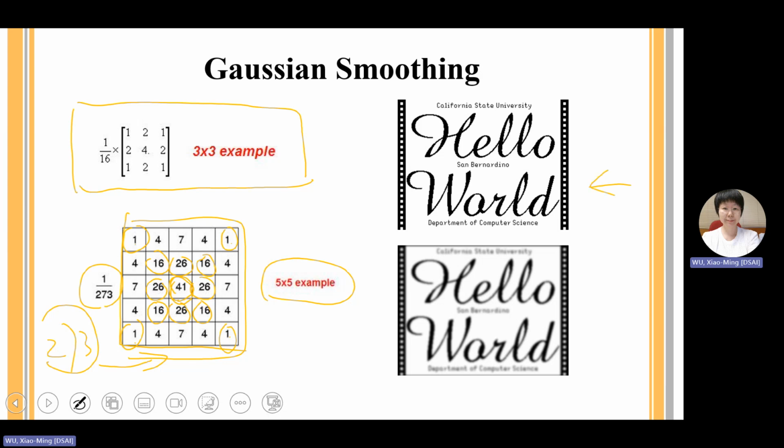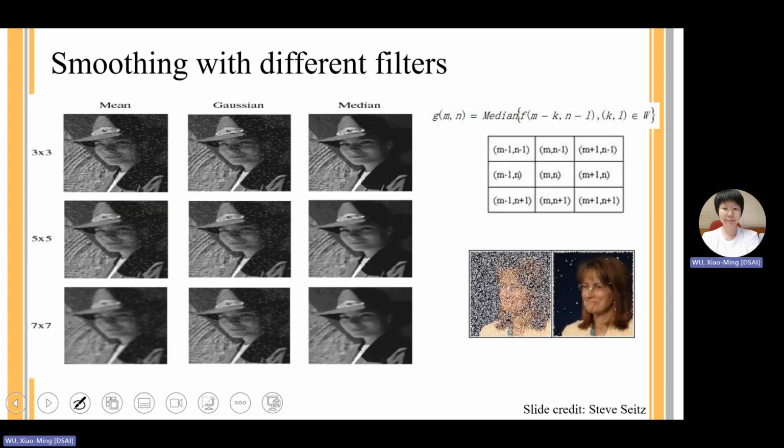Well, look at these images. The top one is the input, and the bottom one is the result after applying the Gaussian smoothing filter. Here the mean filter represents the moving average filter. It represents the all-ones filter. This is the Gaussian filter. What is the median filter? What does median filter mean?